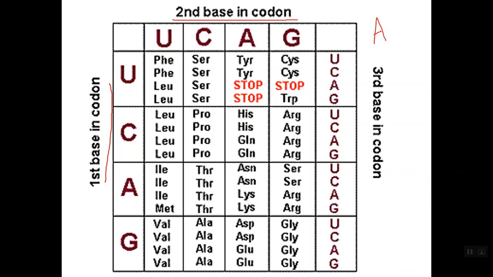So let's do A, U. A, we're somewhere in this row. U, we're somewhere in this column. When you find their intersection, they intersect right here. And then U is right there. So come over and ASN.